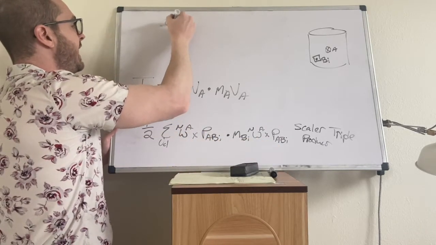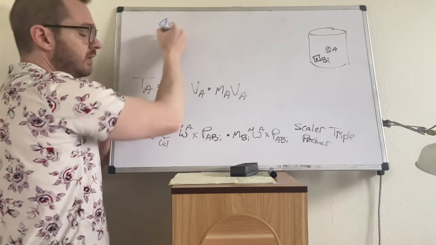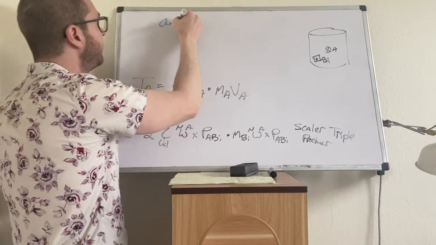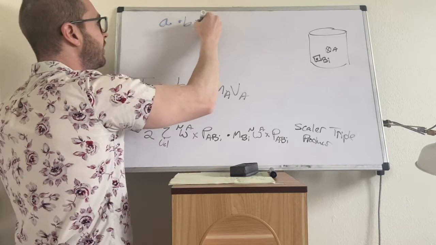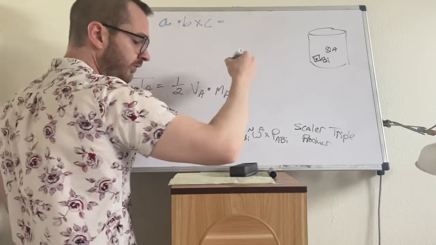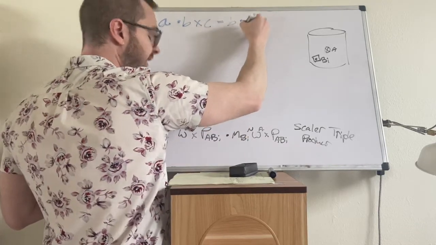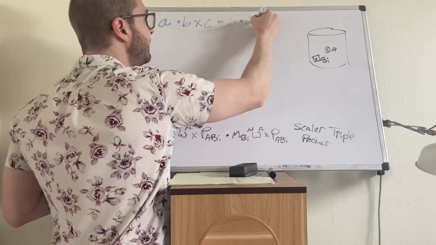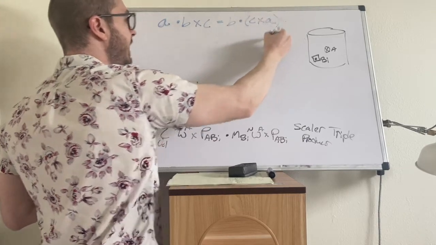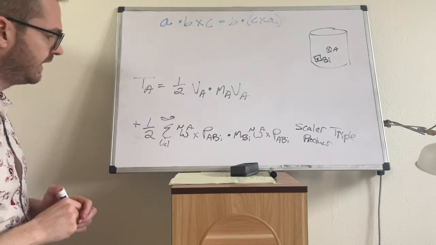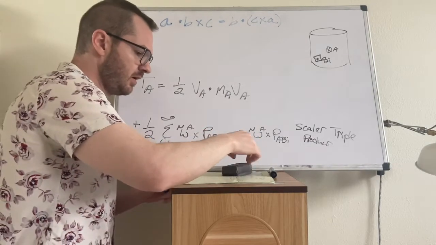If you have A dot B cross C, this is equal to B dot C cross A. And here's how we're going to arrange this.